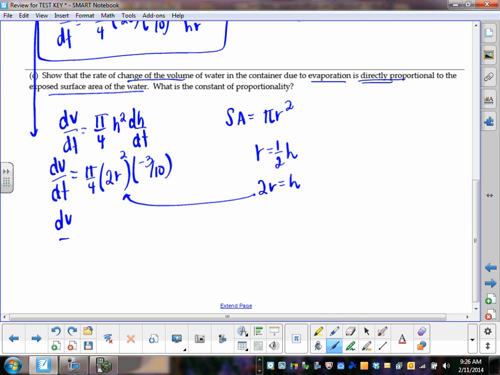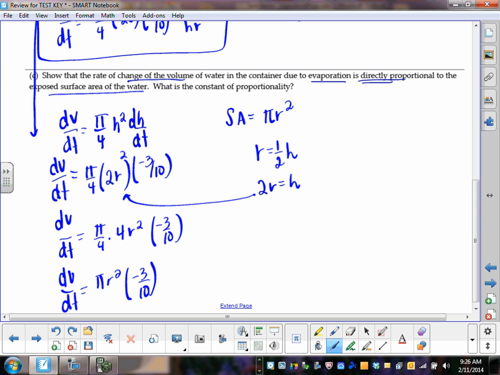So the change in volume over time is equal to pi over 4 times 4r squared times negative 3 over 10. So the change in volume over time is pi r squared times the constant negative 3 over 10.